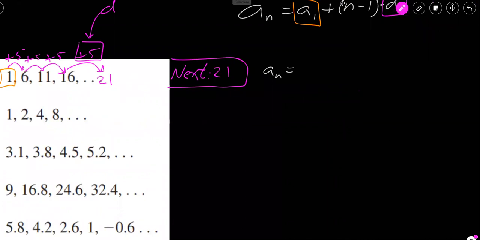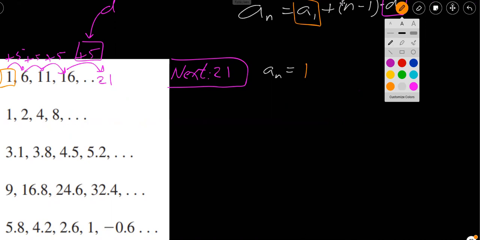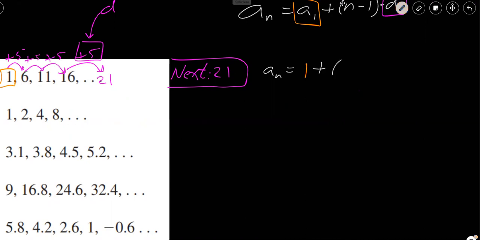So then I can write this as my A1 value plus, and remember this part here, the n minus 1 represents the number of steps from the first position to the nth position, whatever position we're going to. That's going to just be multiplied by 5. This is the rule for an arithmetic sequence.